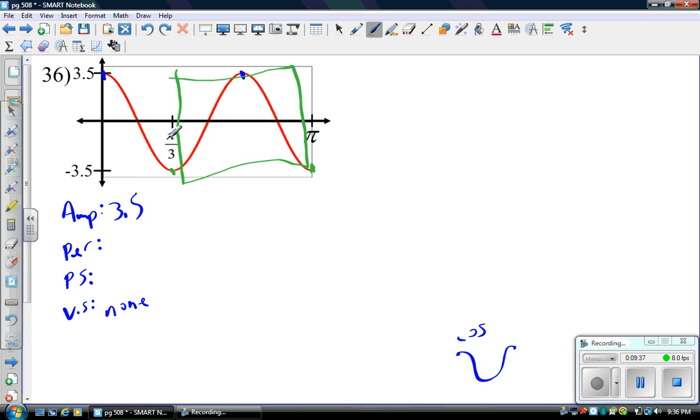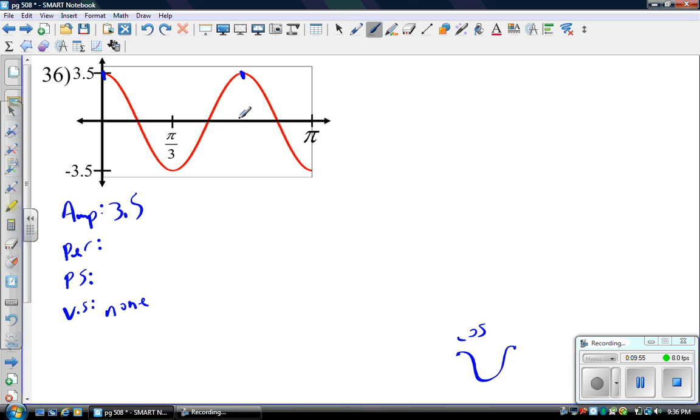How far is it from pi over 3 to pi? There we go. From pi over 3 to pi is a distance of 2 pi over 3. So right here the period is 2 pi over 3. And you might have already sorted that out.